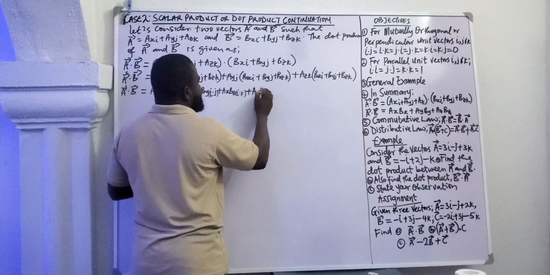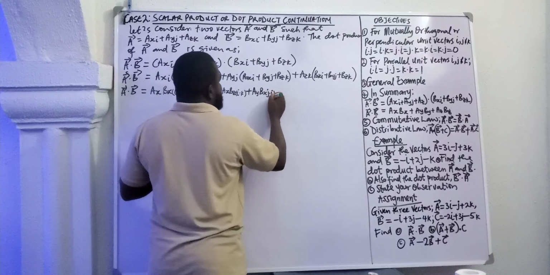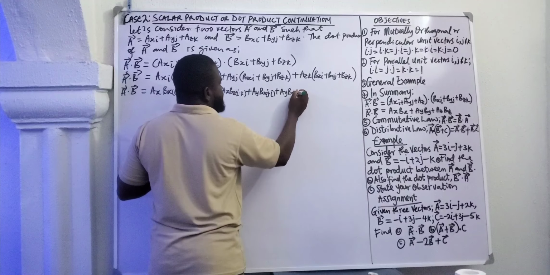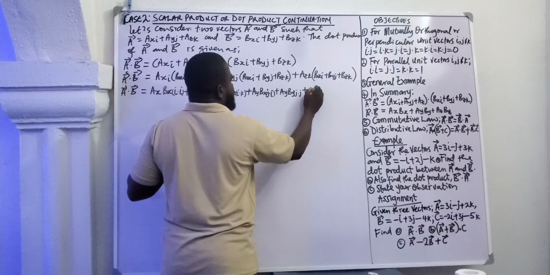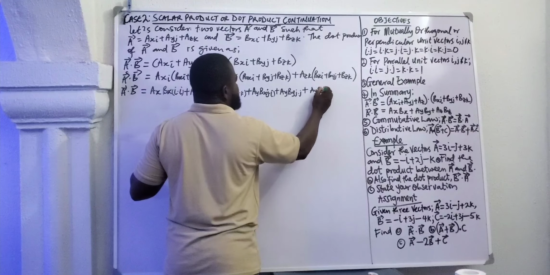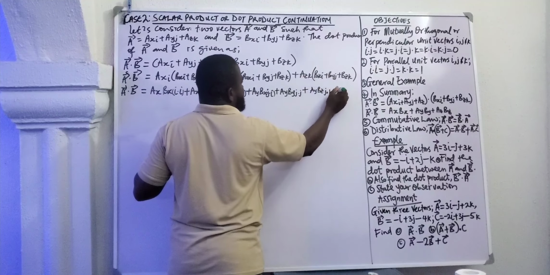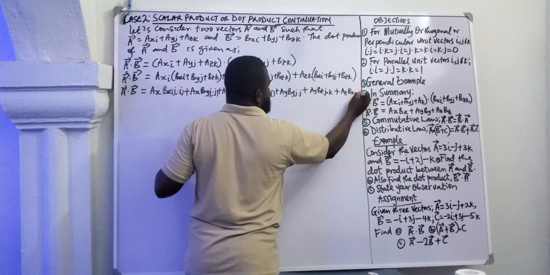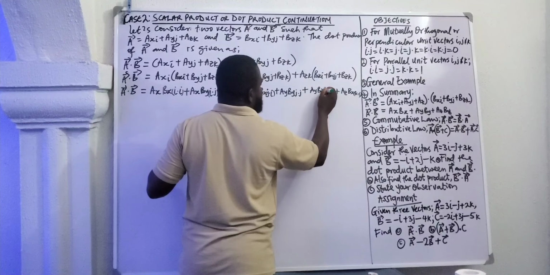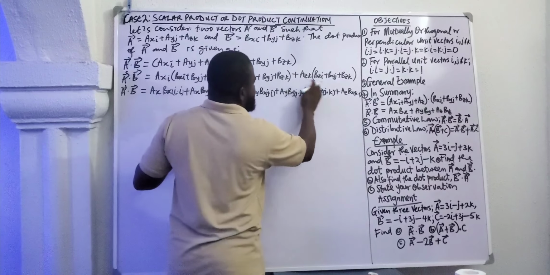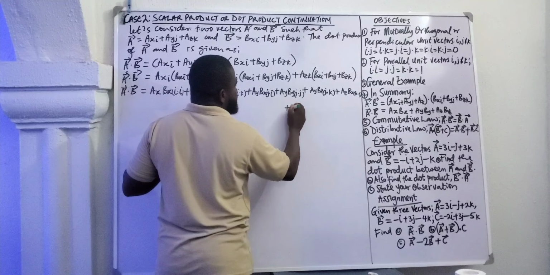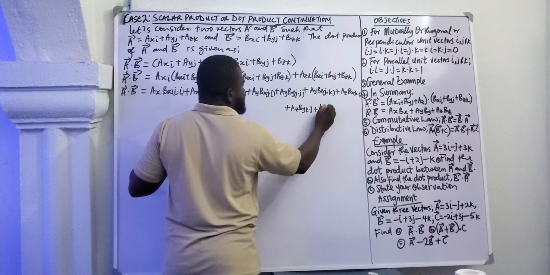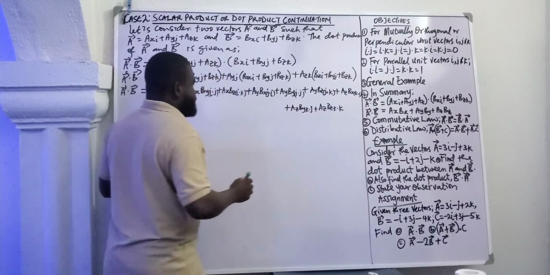That gives us AYBX J dot I plus AYBY J dot J plus AYBZ J dot K. Then plus for this one AZBX K dot I. And then plus AZBY K dot J plus AZBZ K dot K. Good.